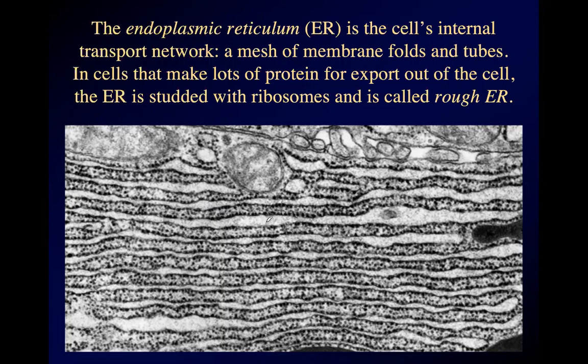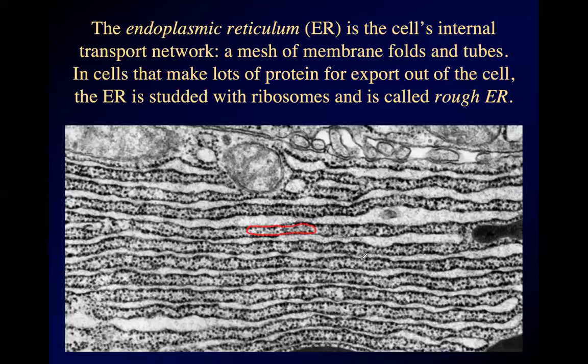And proteins can pass in between these folds of membrane to get where they need to go. And you might notice that on some sides right here, one of the membrane surfaces looks kind of rough. Like right here, between those two folds of membrane, it's actually kind of rough looking.